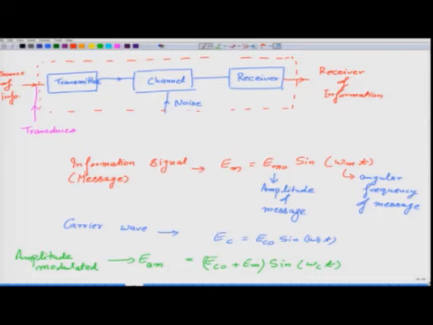And we also saw that the resultant amplitude modulated wave has 3 frequencies.